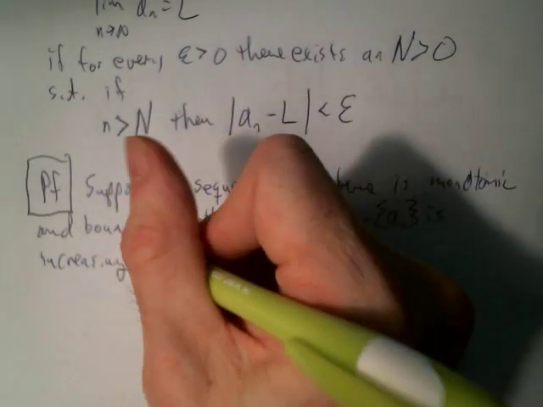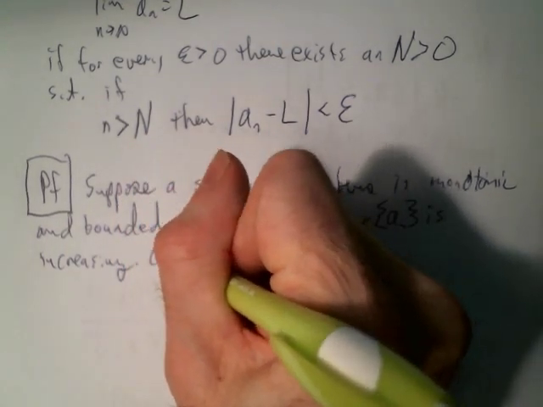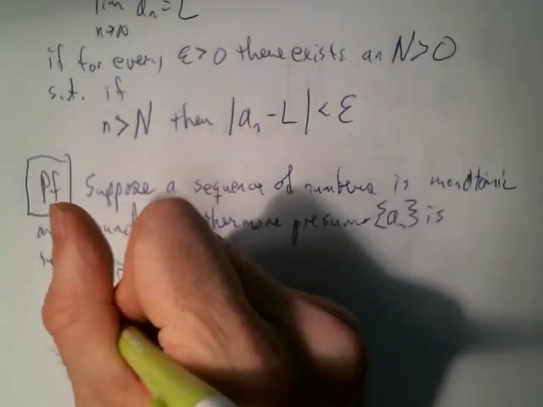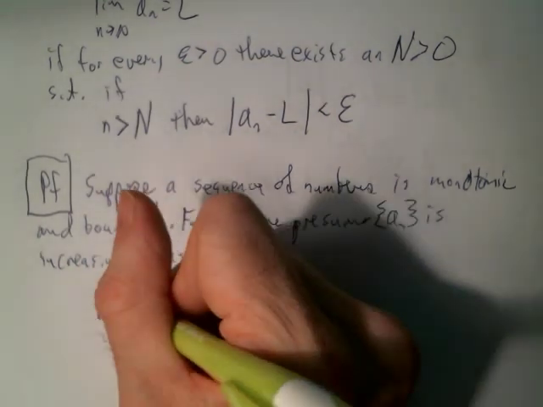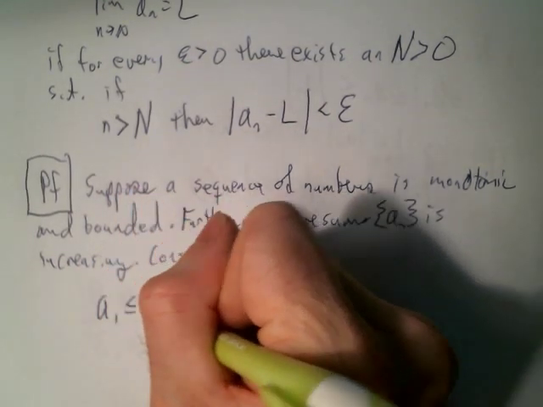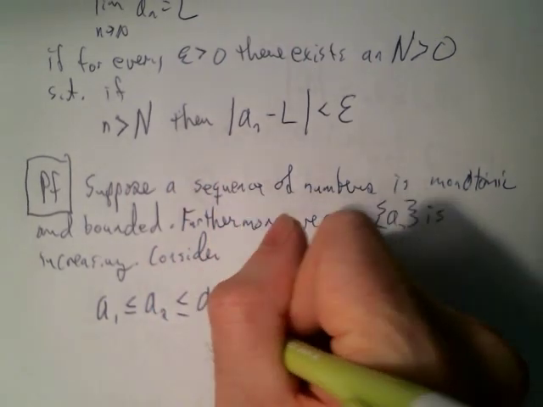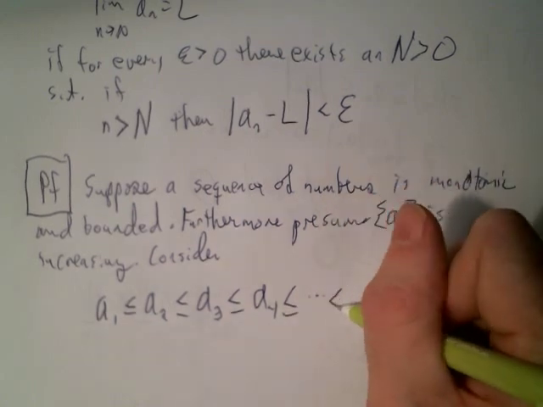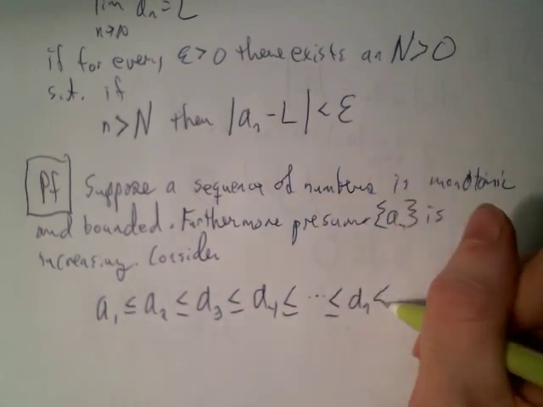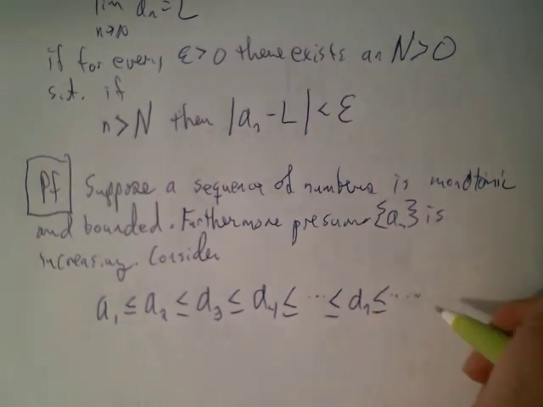So we can look at the sequence and consider it. We'll have a_1, and because it's increasing, a_1 will be less than or equal to a_2, which will be less than or equal to a_3, which would be less than or equal to a_4, which would be less than or equal to dot, dot, dot, which is less than or equal to a_n, which is less than or equal to dot, dot, dot.